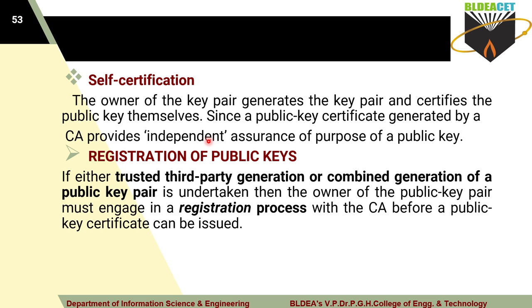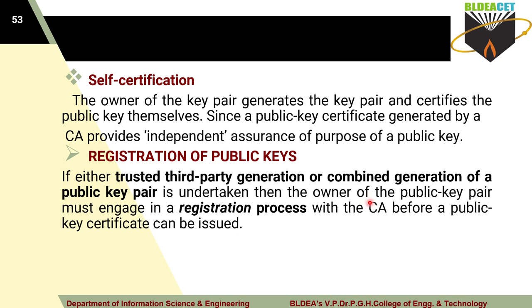If you want to get your public key certificate, you already have your public key and private key, that may be from a trusted third party or generated by yourself. Next, you have to register your public key. If you are registered, then only you will get your public key certificate.